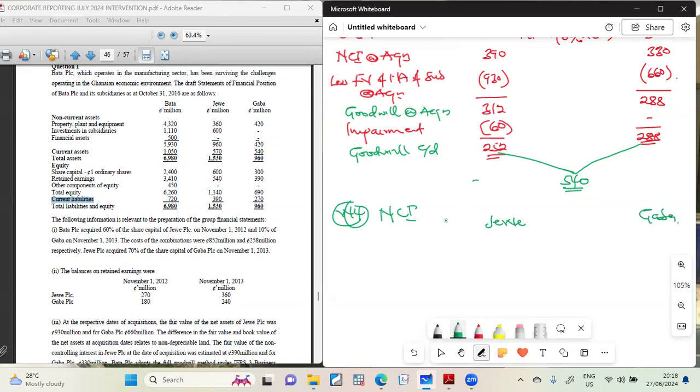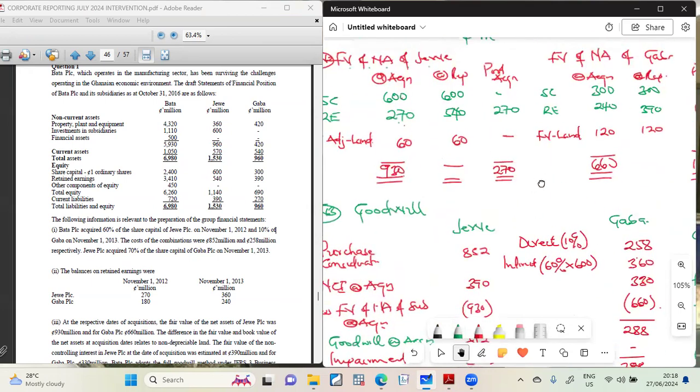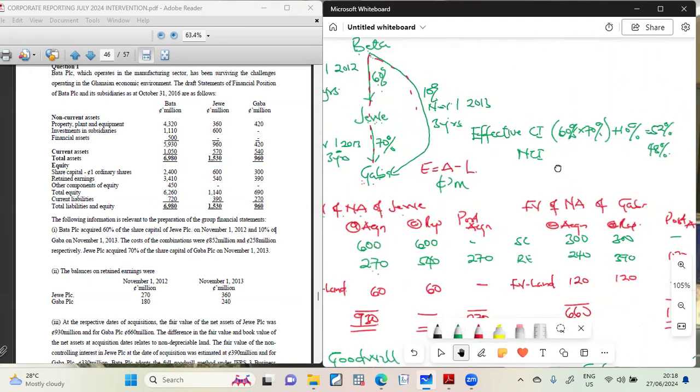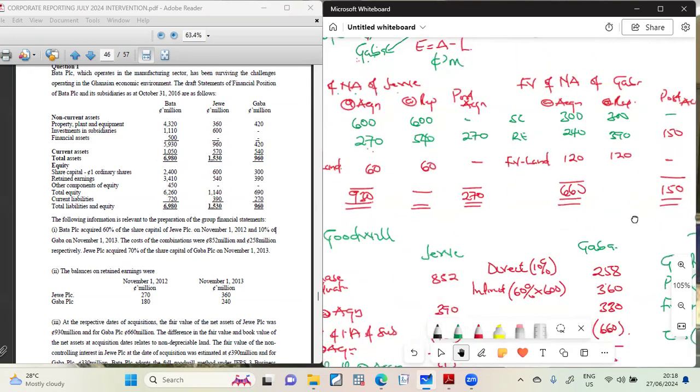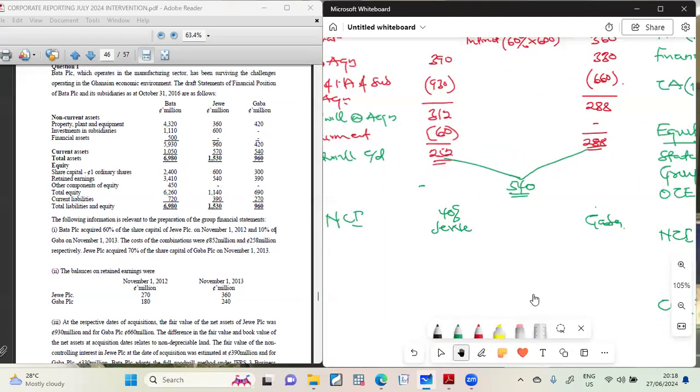Don't forget, our NCI percentage for Jewe is 40% because we had 60. Then for this one, the effective NCI was 48. So that you don't forget.